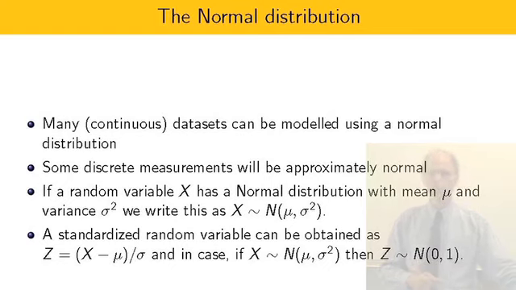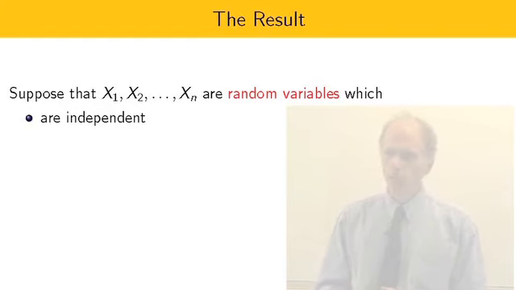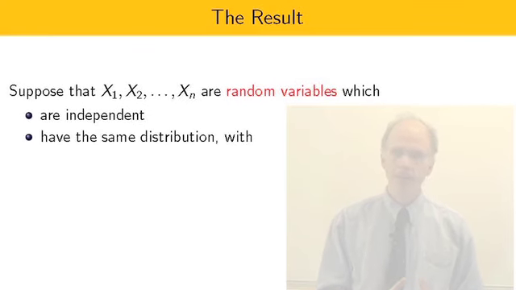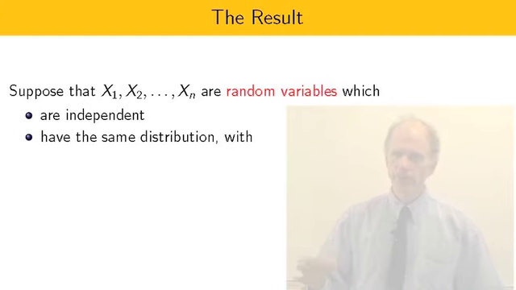So what's the statement of the central limit theorem? We have n random variables, X1, X2, up to Xn, and we're going to require that these variables have the same distribution and they're independent. We use a slight shorthand there.